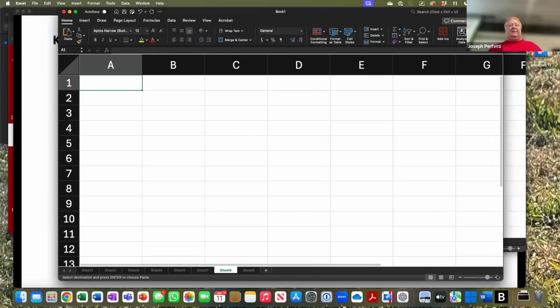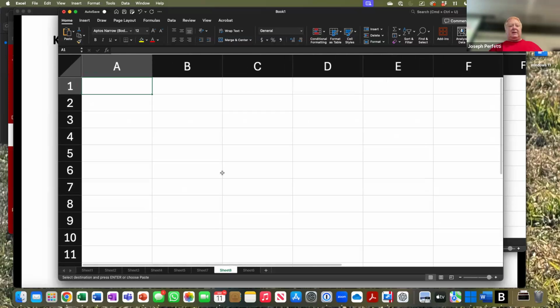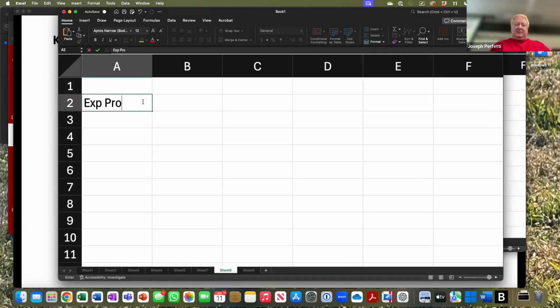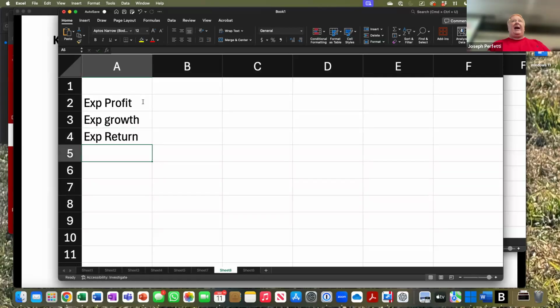The four parts of the formula are the expected profit, expected NOPAT, the expected growth rate, the expected G, the expected return on invested capital, the expected return, and the WACC, which I'll call the risk. If I put those four things in, I will get the value of a company.